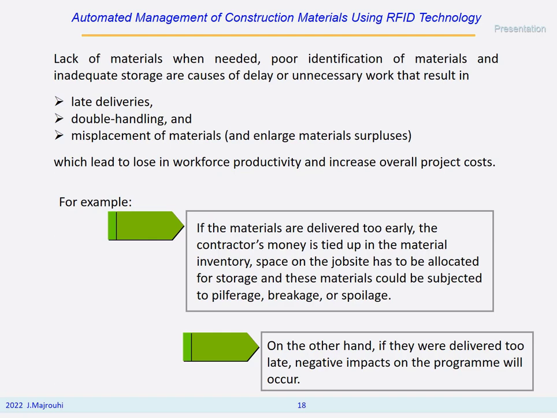For example, if the materials are delivered too early, the contractor's money is tied up in the material inventory. The space on the job site has to be allocated for storage, and these materials could be subjected to pilferage, breakage, or spoilage. On the other hand, if they are delivered too late, negative impacts on the program will occur.